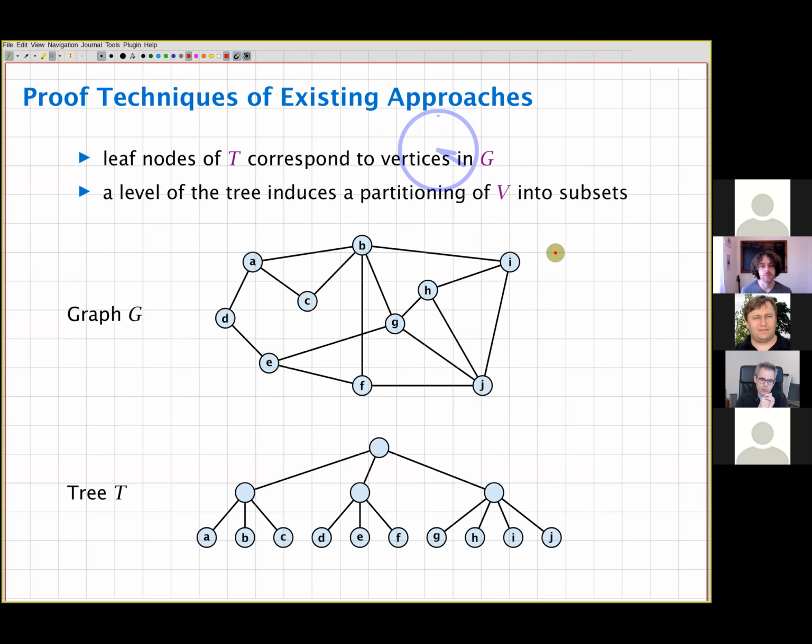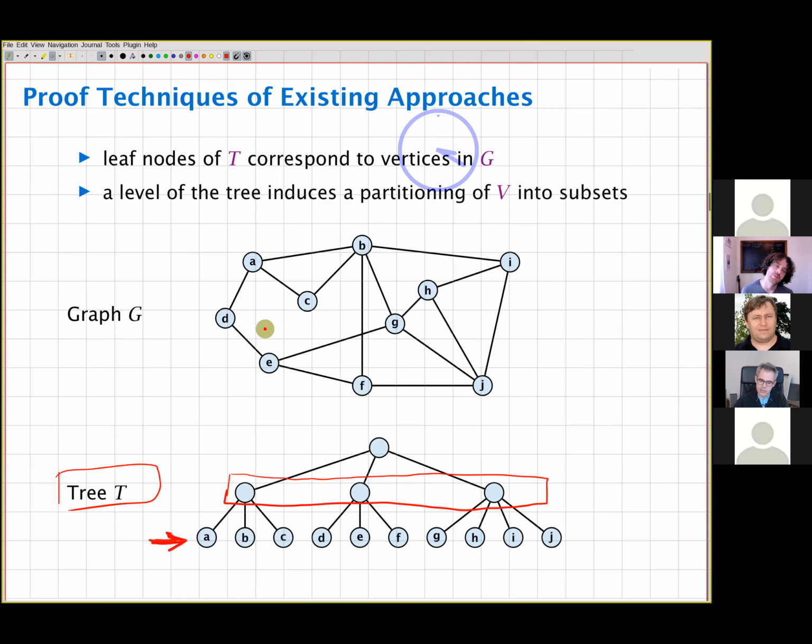So previous approaches, the tree looks like this. The leaf vertices of the tree represent the vertices in the graph. This is one point. And if I look at a level in the tree, this induces a partitioning of the vertices into subsets.